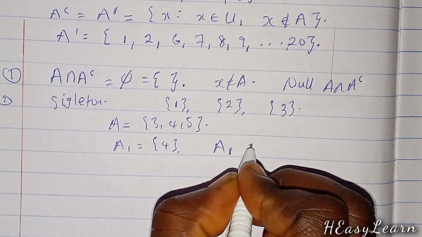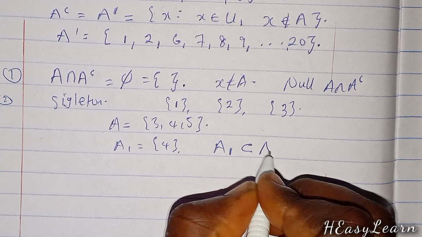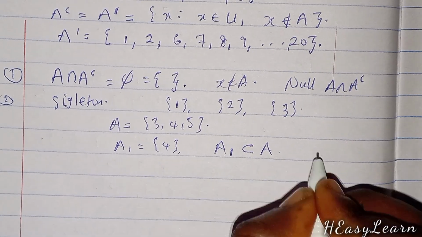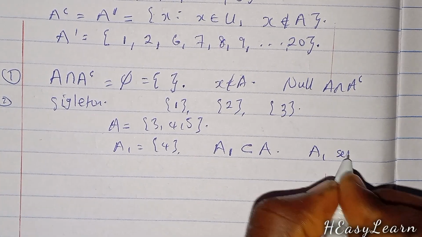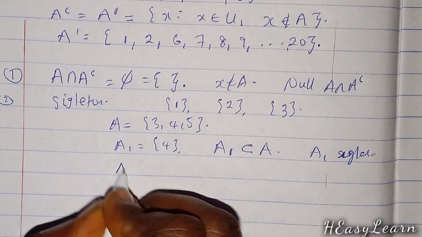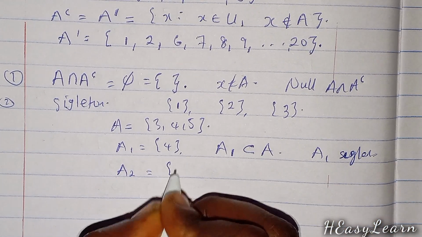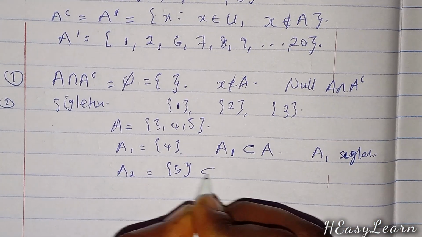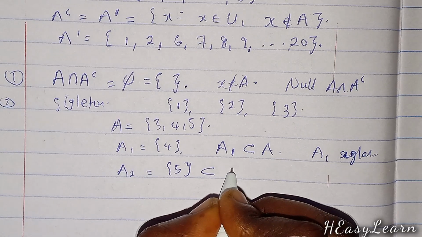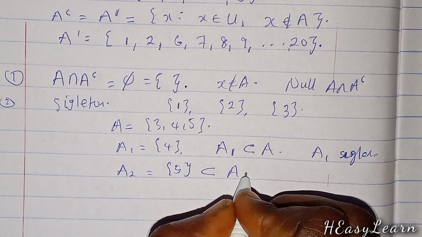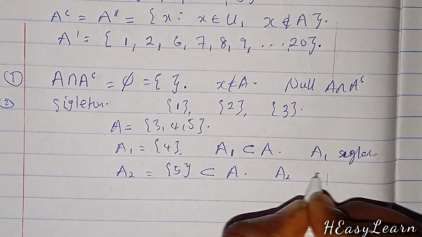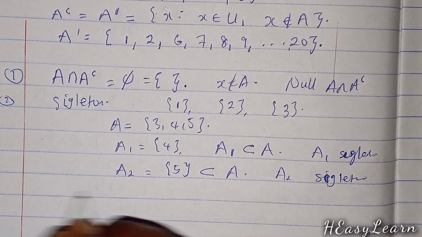It is very obvious that A1 is inside the set A. We say A1 is a singleton set. Again, suppose we have A2 to be 5. It is very obvious that A2 is a subset of the set A. Then A2 is called a singleton set.